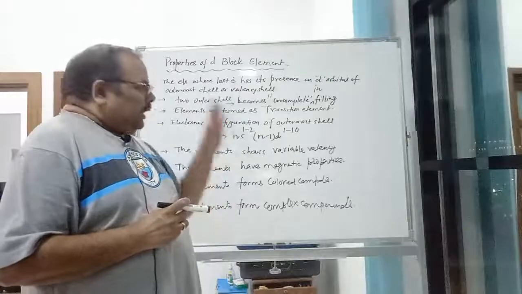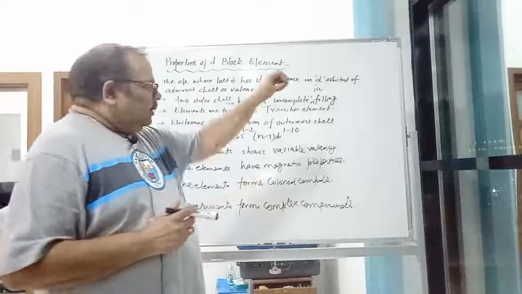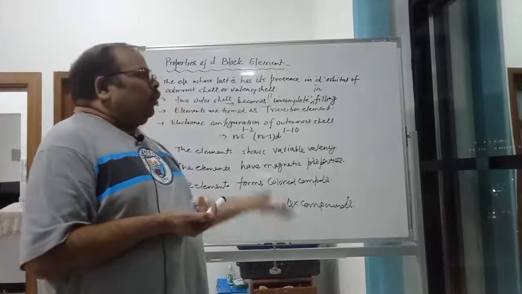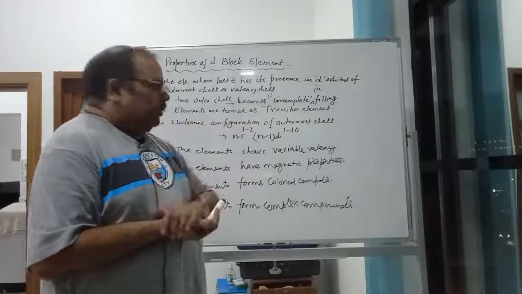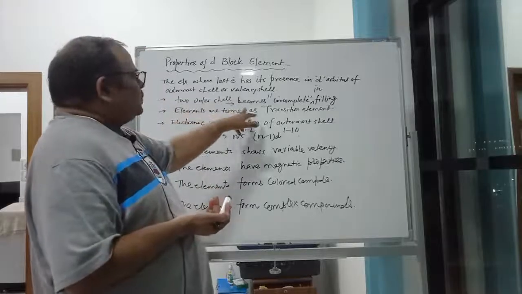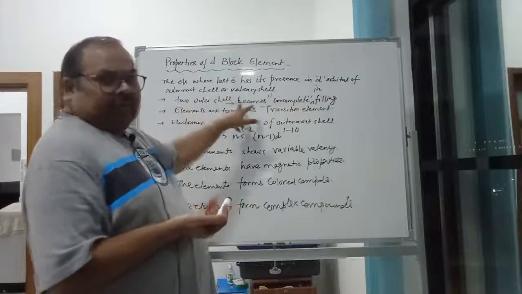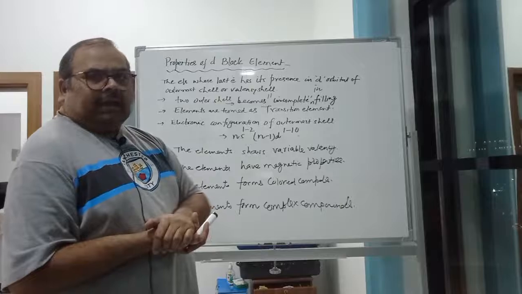The last electron of that element will be accommodated in the d orbital of the outermost shell. Second, the outermost shell is incompletely filled. In this case, two outer shells will be incompletely filled.